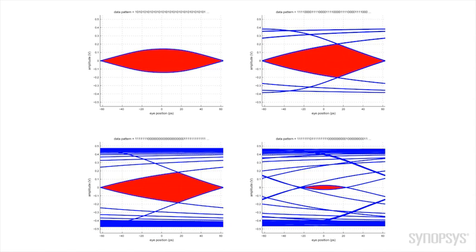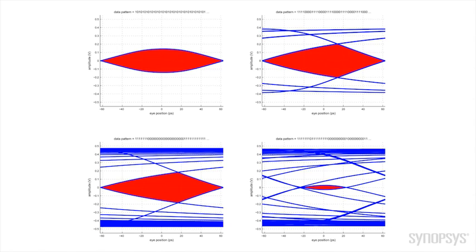In these patterns, we have a finite number of trajectories, a finite number of patterns, and we can see these well-defined blue lines. But in a real random data pattern, we don't have these very particular data patterns. We have all kinds of data patterns.